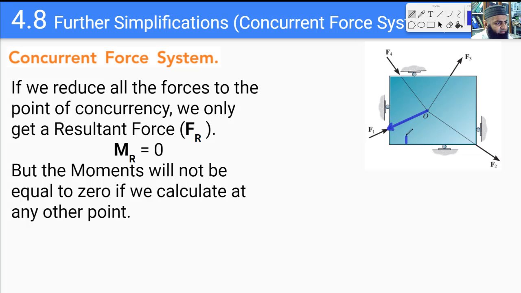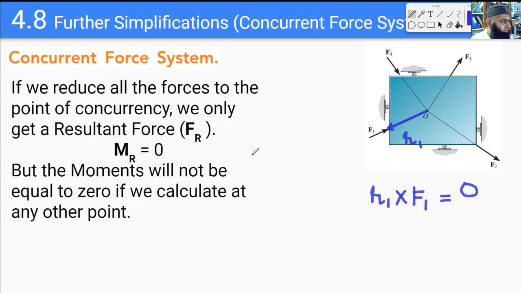Let me label it: this is R1. It is not difficult to see that R1 cross F1 is equal to 0, because both of these vectors are parallel to each other, and whenever we take the cross product of two parallel vectors, the result is 0. The same is true for R2 cross F2, R3 cross F3 and R4 cross F4. So none of these forces would produce any moment at this point O.